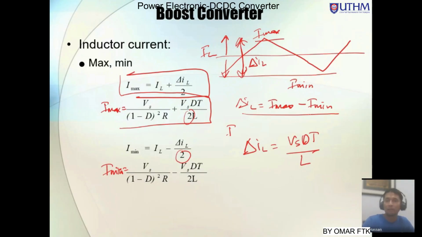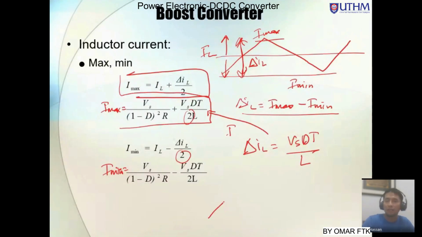So from that we can replace, and we know that delta IL is equal to Vs times DT over L. So then we can replace. We can put it here. So let's say for Imax it is IL plus delta IL divided by 2, half. Meaning, because IL is in the middle of the ripple.